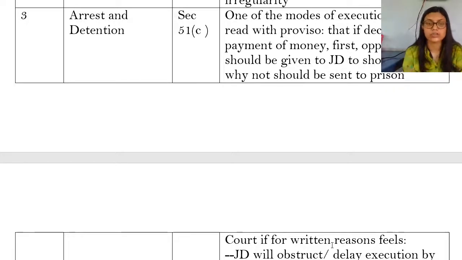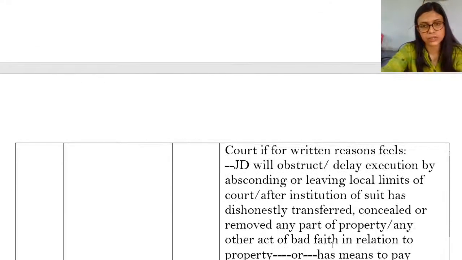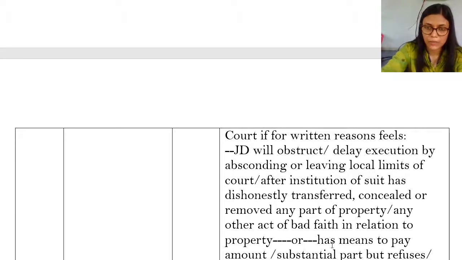Now, what are the certain situations in which you can go for arrest or detention? When the court sees that the judgment debtor is obstructing or delaying the execution by either absconding or leaving the local limits of the court, or after the institution of the suit has dishonestly transferred, concealed, or removed any part of the property, or has done any other act of bad faith in relation to the property.